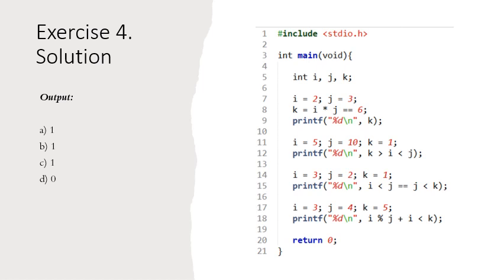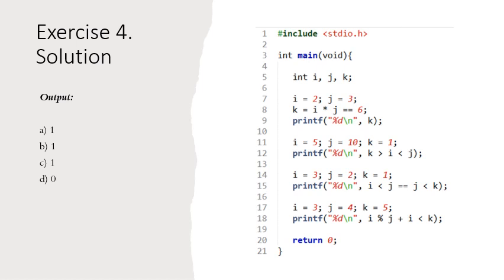Rather, due to associativity rules, we group or evaluate k > i first. Is k greater than i? k has a value of 1 and i has 5. So 1 is greater than 5 is false, that is 0. Then 0 is less than j, which is 10, which is true, so b is equal to 1.